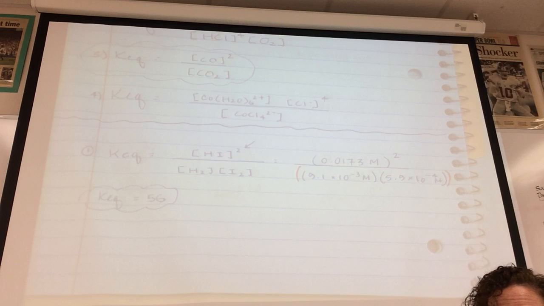I got a KEQ value of 56. See if that's what you got. For right now, you're calculating KEQ, and we're going to interpret it, and then I'll show you how to calculate the other pieces.